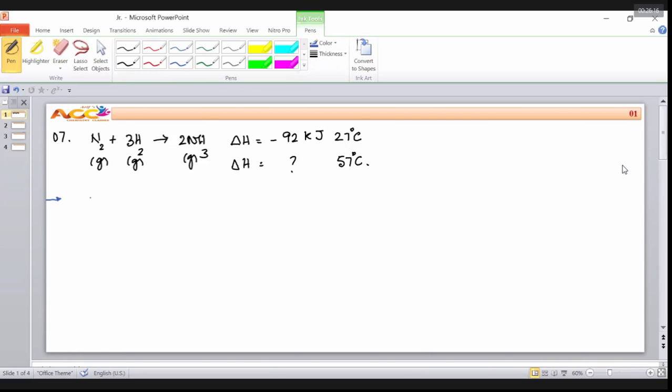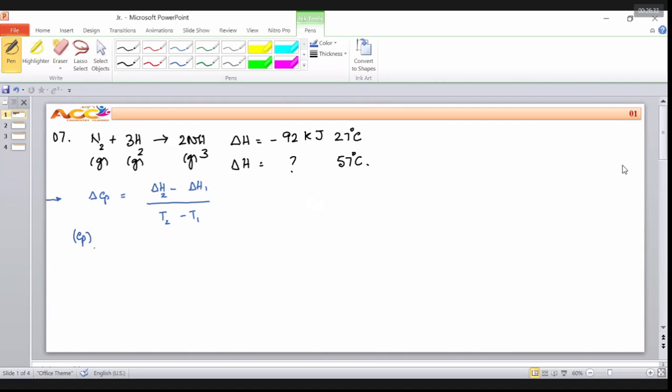Delta Cp is equal to delta H2 minus delta H1 by T2 minus T1. Now delta Cp, what is that?